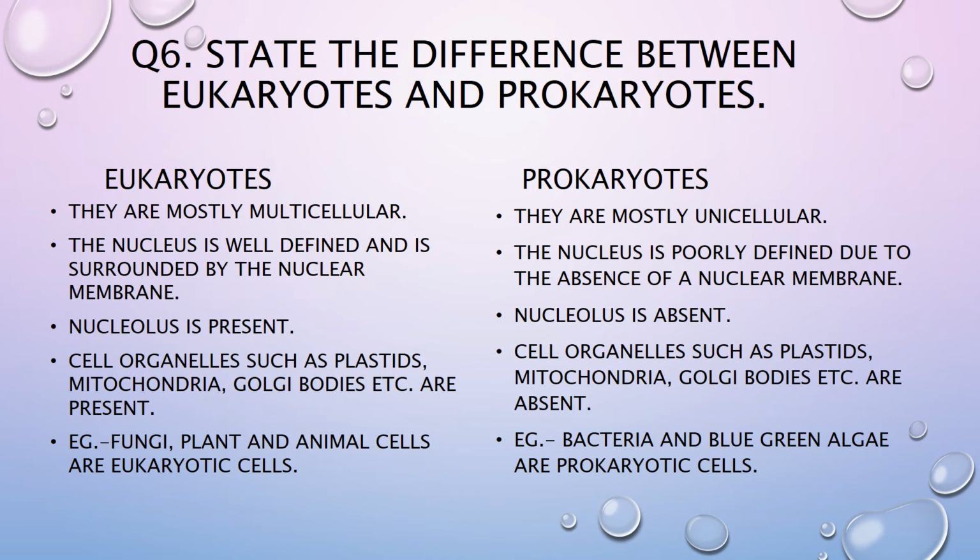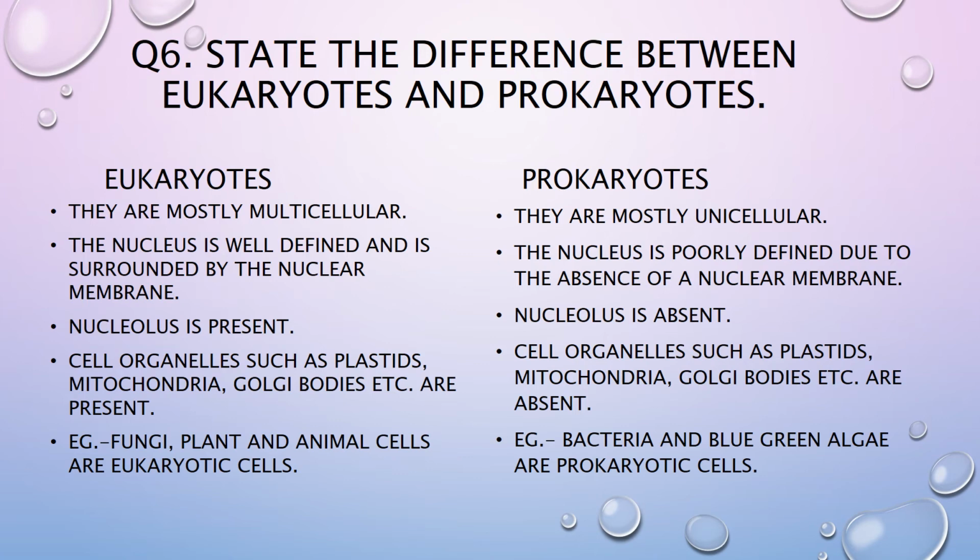In eukaryotes, cell organelles such as plastids, mitochondria, Golgi bodies, etc. are present. Examples are fungi, plant and animal cells are eukaryotic cells. In prokaryotes, cell organelles such as plastids, mitochondria, Golgi bodies, etc. are absent.